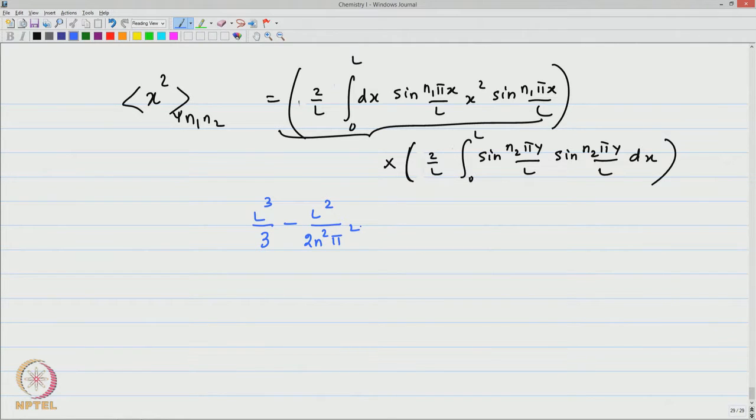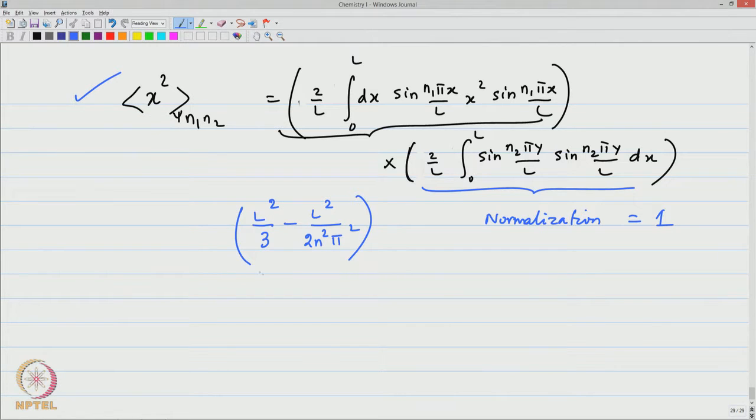Sorry, this also should be L square. This is x square, so this should be L square. So you calculated this. The other integral is of course a normalization integral, so this is equal to 1. So the average value of x square in this representation does not change.